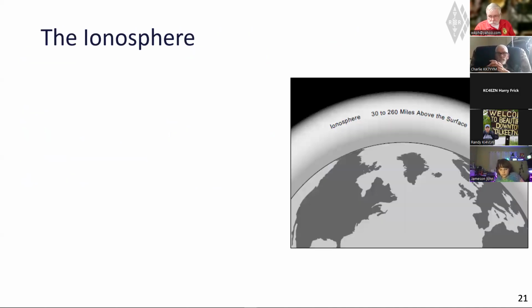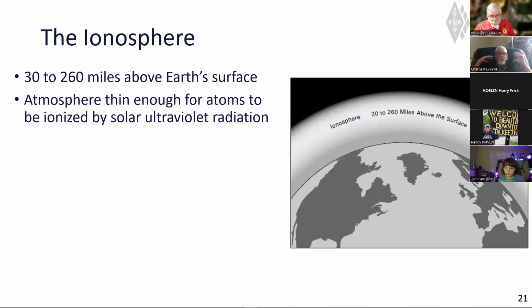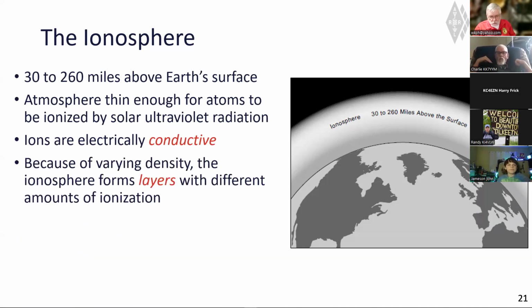The ionosphere: ionized gases from 30 to 260 miles above the surface of the Earth. Atmosphere thin enough for atoms to be ionized by solar ultraviolet radiation. Ions are electrically conductive. Because of varying density, the ionosphere forms layers with different amounts of ionization.